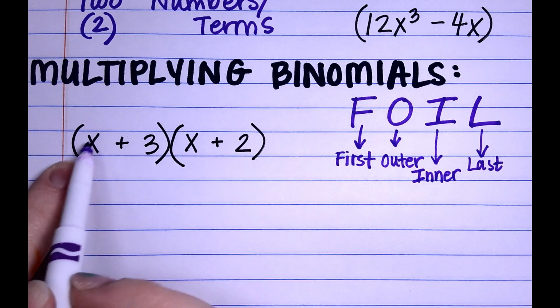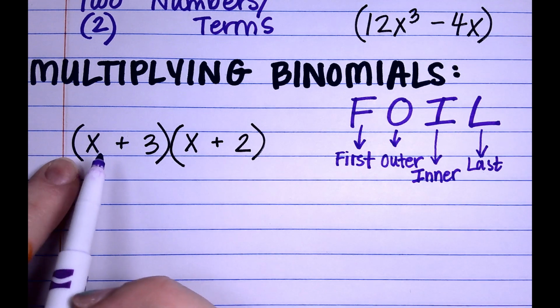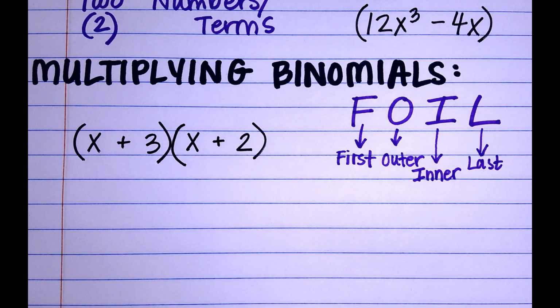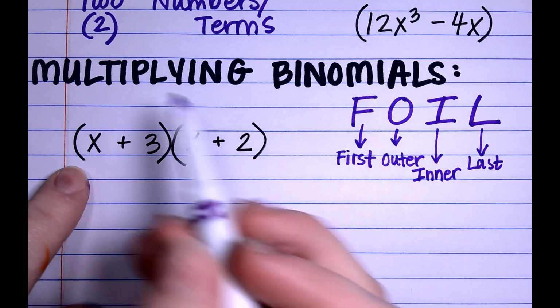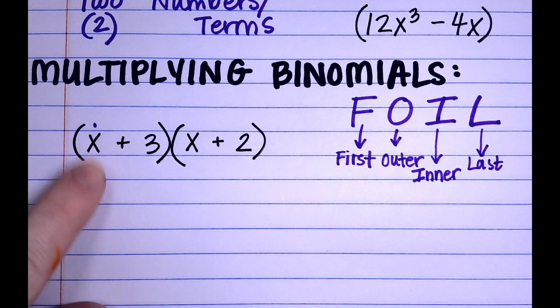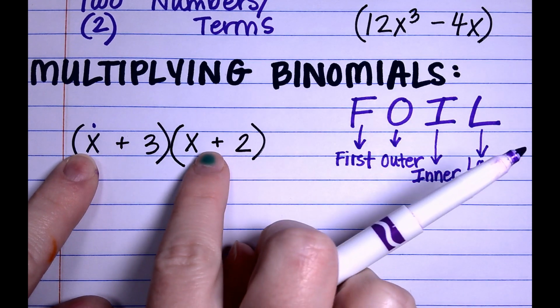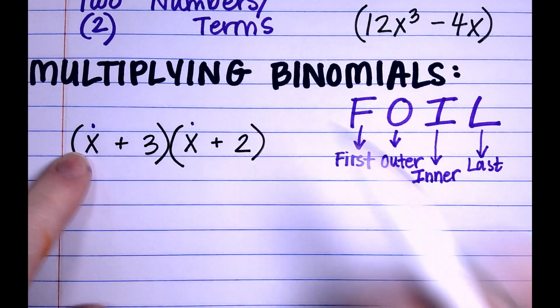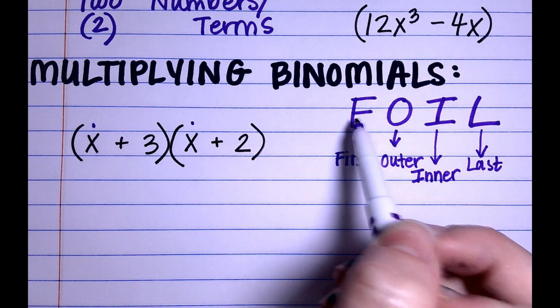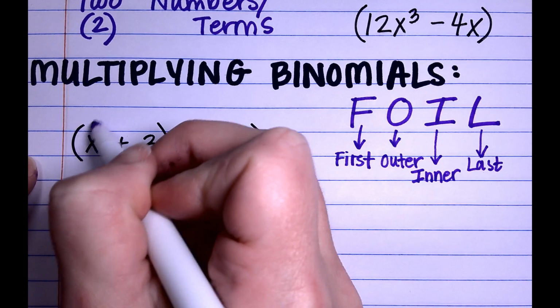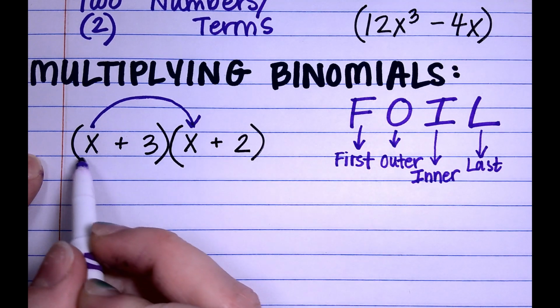So the first terms, we're talking about the first term on each binomial. Here's the first term, x, of this one. The first term of the next binomial is also x. So first, in FOIL, we're going to multiply x times x.